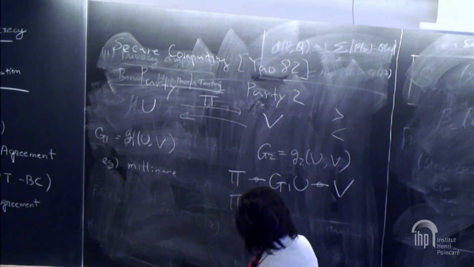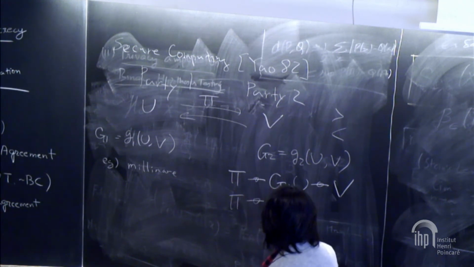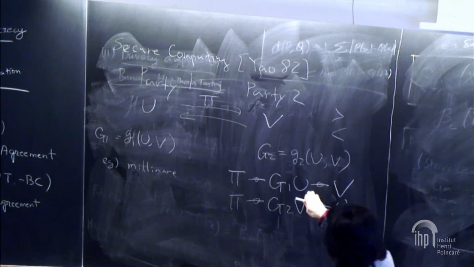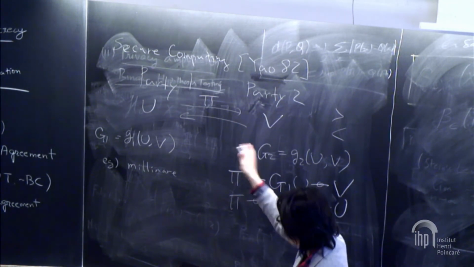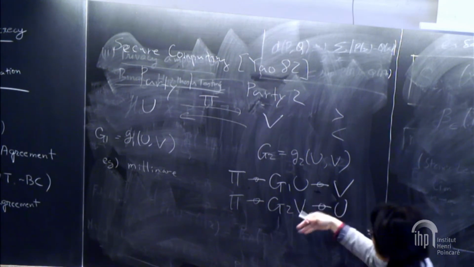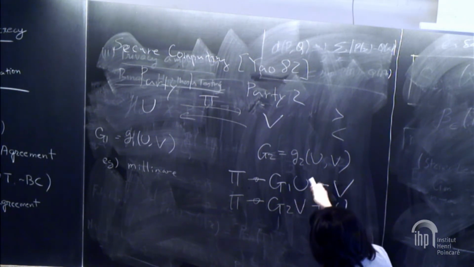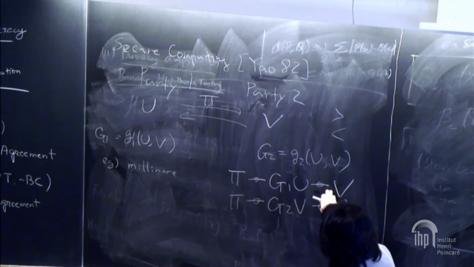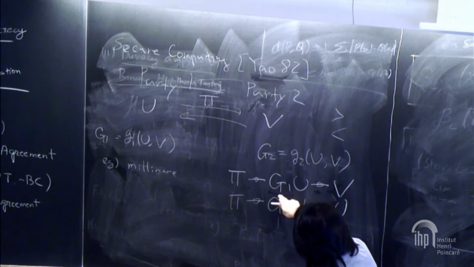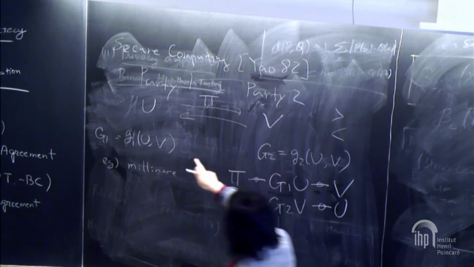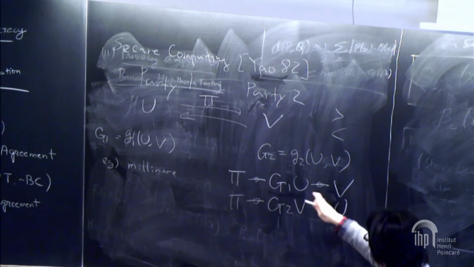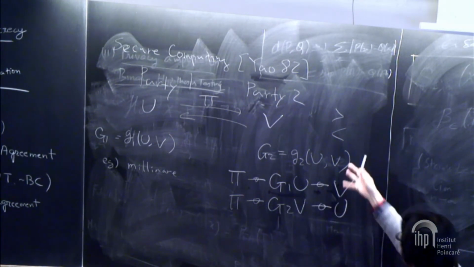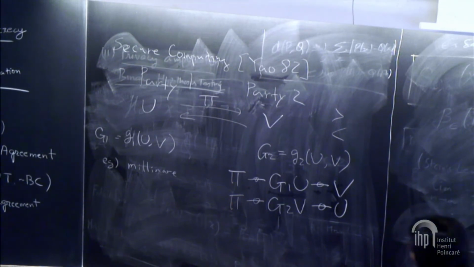By using these two Markov chains. So this means that this communication does not reveal more information about V than this function value and the observation U reveal about V. And the same for this one.